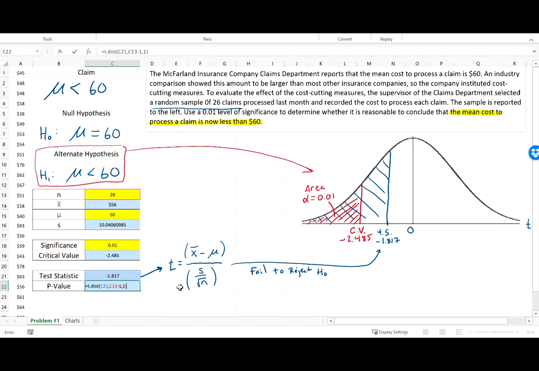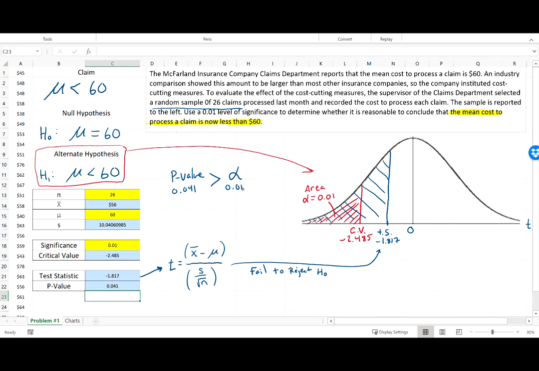Okay, so our p-value, it should, if we've done everything right, give us something larger than 0.01, and 0.041. So yes, the p-value in this case of 0.041 is greater than the significance, alpha, which is 0.01.